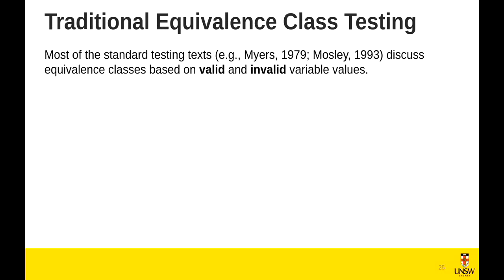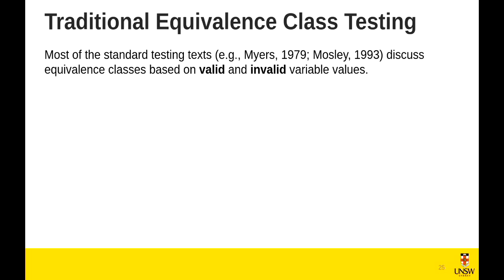And like boundary value testing, there are many different types of equivalence class testing. Remember, the key is how we decide the equivalence classes. The first type is actually not used nowadays maybe, but it is part of the history. It's called traditional equivalence class testing.